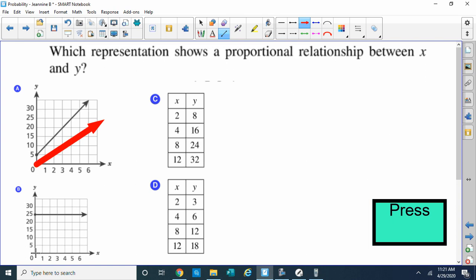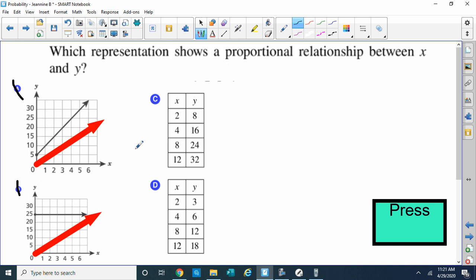It should start at the 0. So I'm going to draw it so you can see it. That's what it should look like if it is a proportional relationship. Later on in 8th grade, you'll take a look at those types of questions and problems, graphs that start from different places on the y-axis. So A is not it, and B is not it, so those two are incorrect.